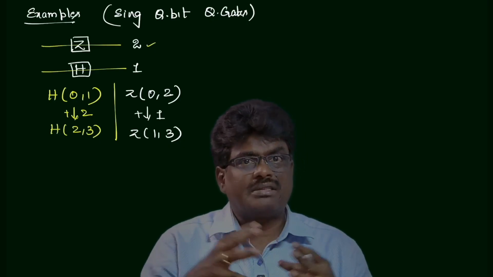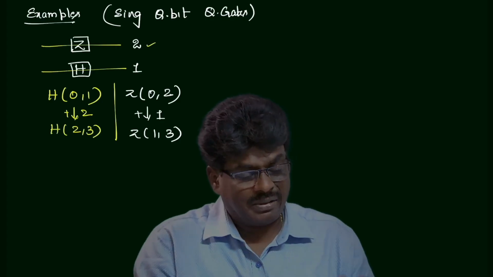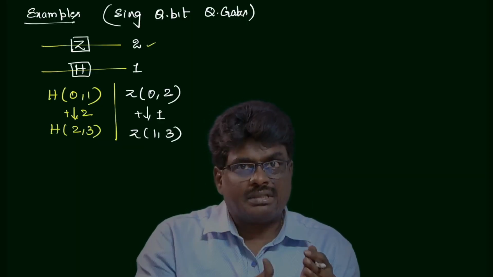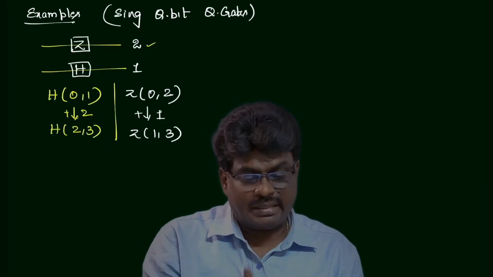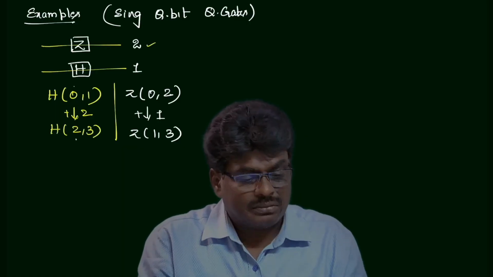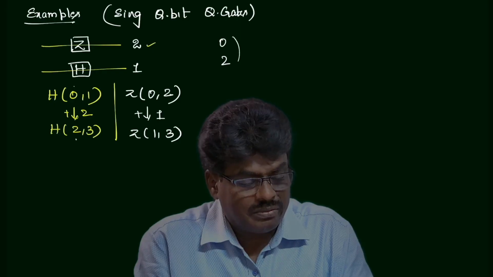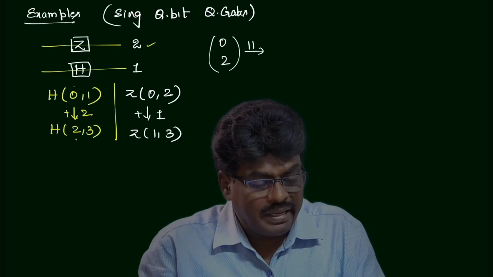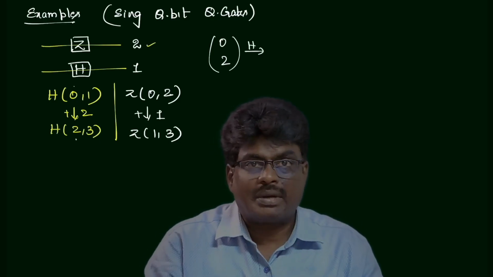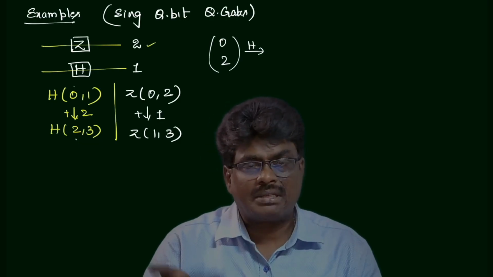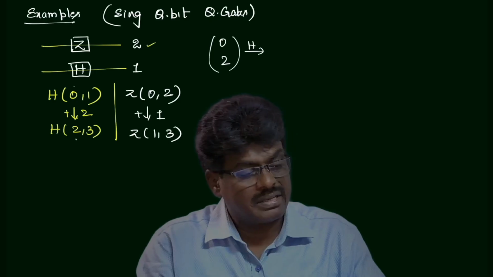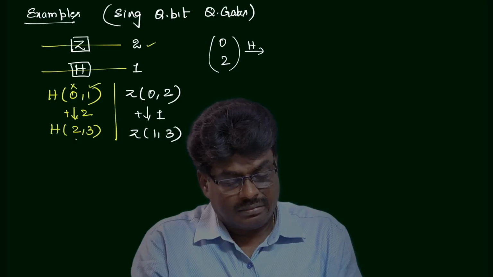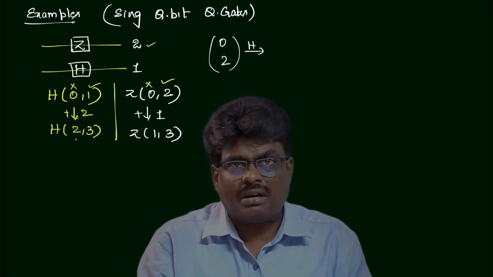Then how to operate this combined? This is very crucial. Now I told you, whenever Hadamard is involved, it is better to take the first elements of that bracket, that is 0 and 2. Okay, I'm taking that 0, 2. Observe carefully, it's easy only. Now first I'm operating H, because you can take either H or Z, since it is an operation, not a tensor product. So 0 is off, and the first column is off, the second is on always.